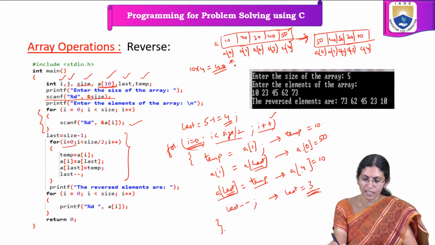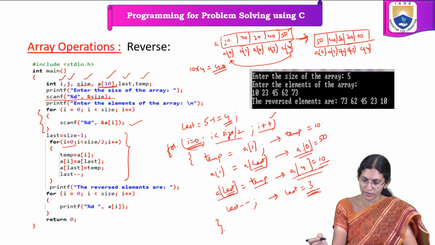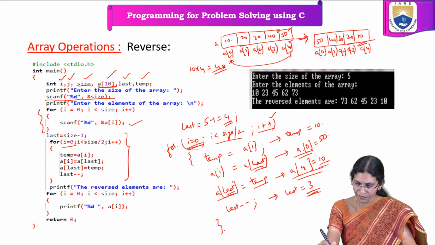The first element in the array is swapped with the last element of the array. A of 0 was initially 10. Now with these lines, A of 4 is equal to 10 and A of 0 is equal to 50. Now the i value is incremented.